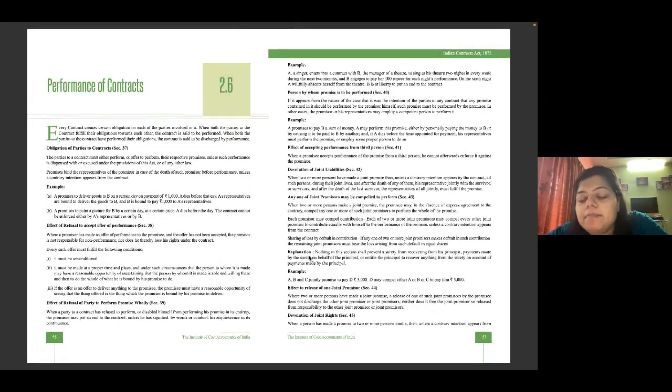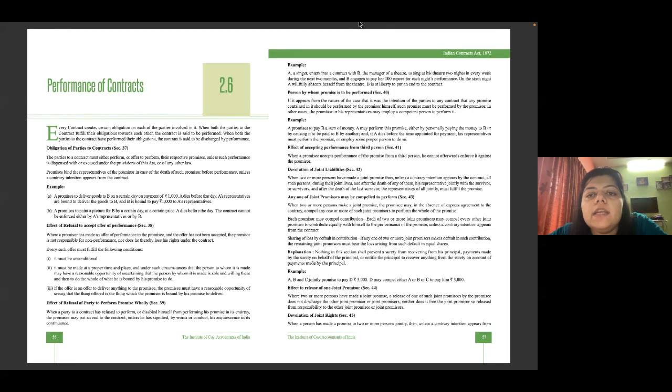What exactly is meant by performance of contracts? Performance of contracts is basically with respect to what we understand as the obligations of the parties.